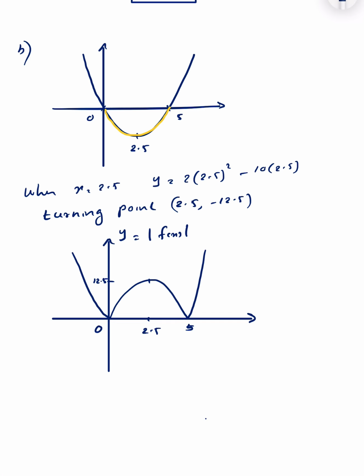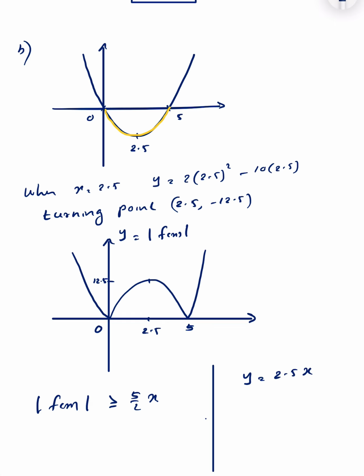So that's the graph. Now the inequality we have to solve here is modulus of f(x) being greater than or equal to 5 by 2 x, in other words 2.5x. So this graph on the left hand side is already there. We need to draw the graph of y equals 2.5x.